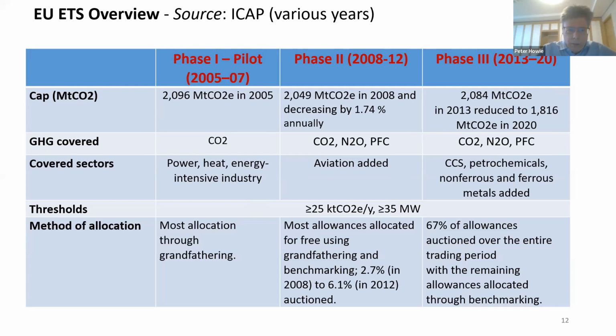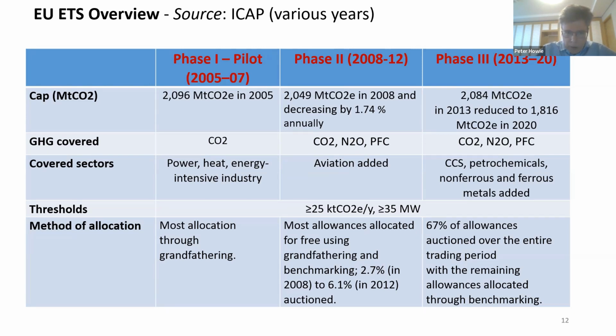In the pilot phase, the regulated facilities were power, heat, and energy intensive industries. In phase 2, aviation was added, and in phase 3, carbon capture and storage, petrochemicals, and non-ferrous and ferrous metals were added.